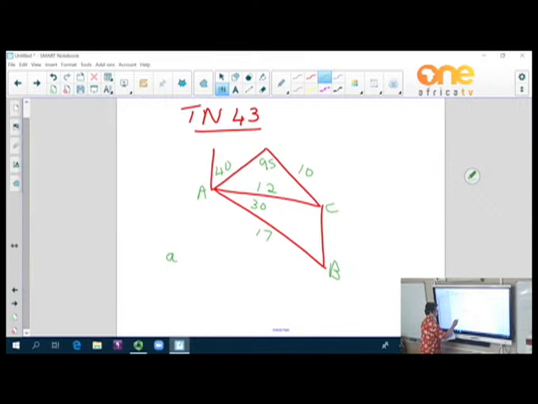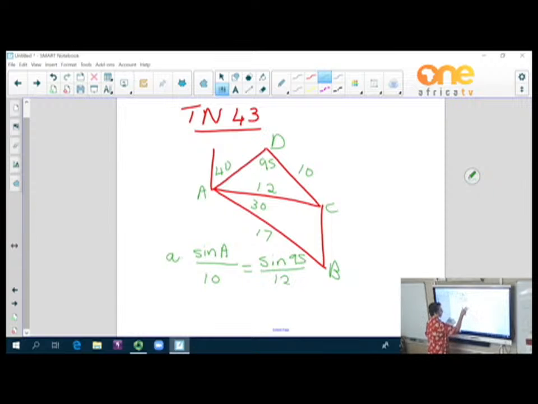So we start off with A. Calculate angle CAD. Angle CAD, this one. So we can use the sine function because you have opposite sides and opposite angles there. We want to find the angle. So sine A, and this is opposite the 10, is equal to sine 95 over 12.